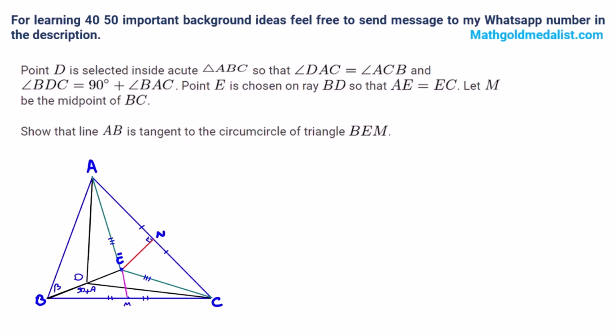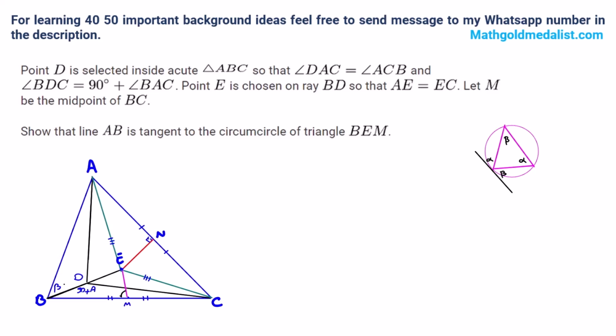Okay. When a line is tangent to the circumcircle of a triangle, we can say what? Here it is alpha, here it is alpha, here it is beta, it is beta. We should prove one of them.